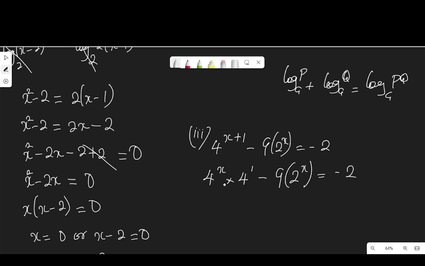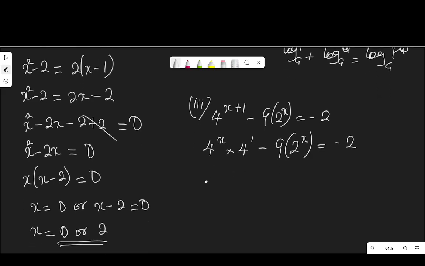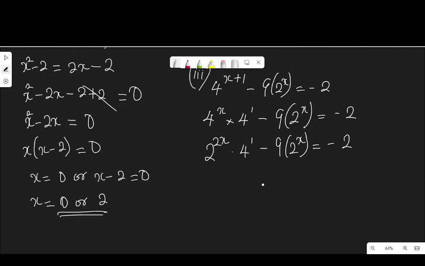So 4 to the power of x can be written as 2 to the power of 2x, since 4 is 2 to the power of 2. Then multiply by this 4 right here to the power of 1, minus 9 multiplied by 2 to the power of x, equal to negative 2.